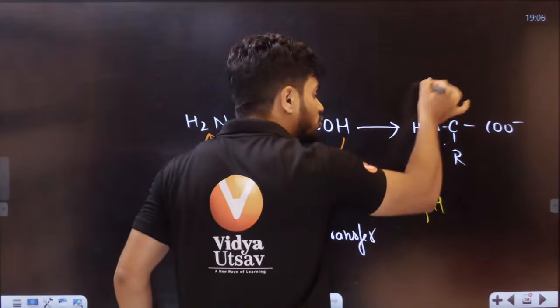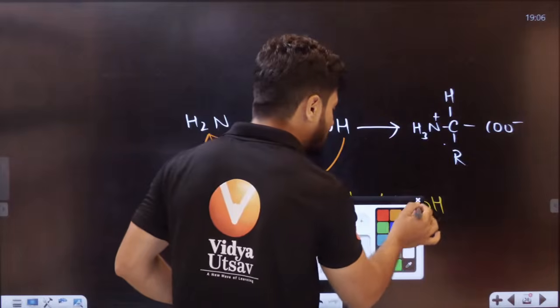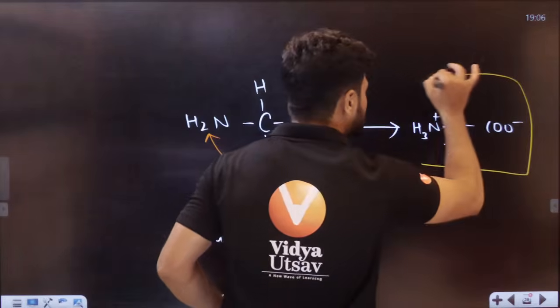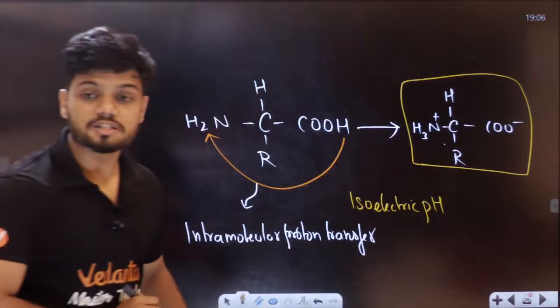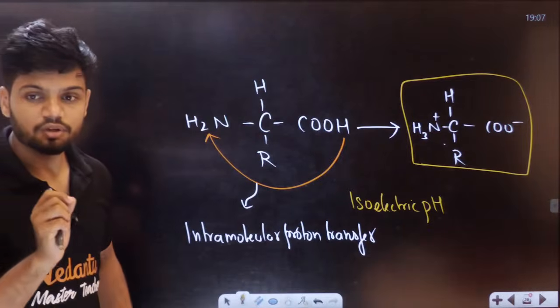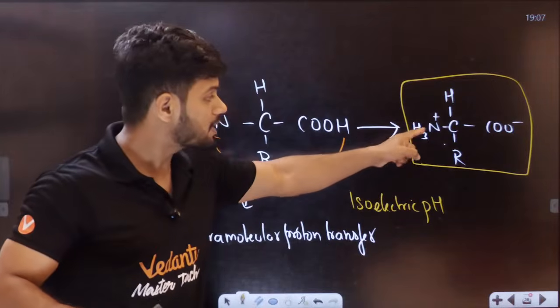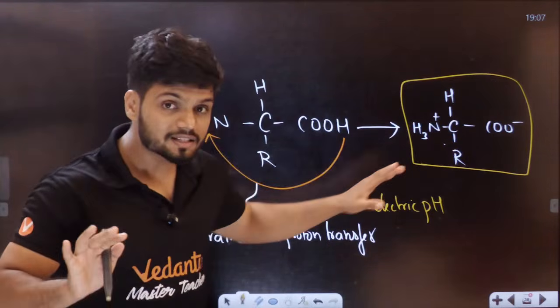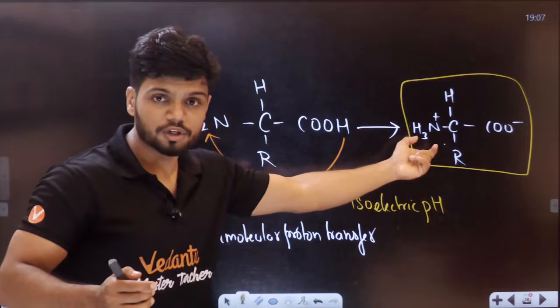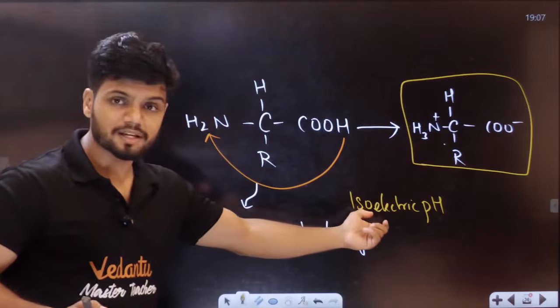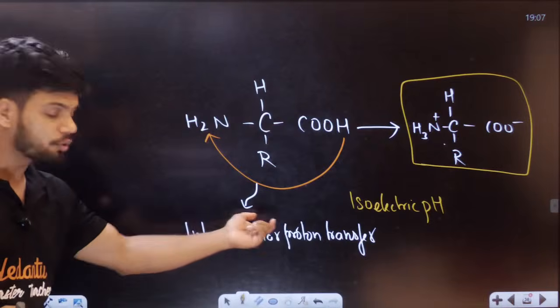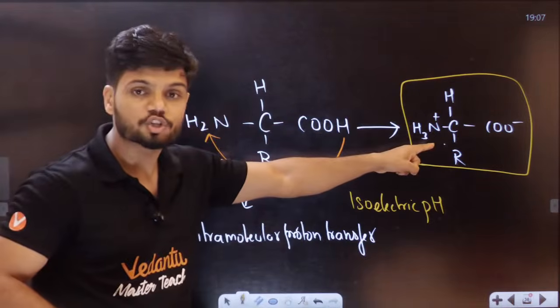So this right now, students, has a partial positive charge, and this has a partial negative charge. At the same time, this molecule at isoelectric pH, because of intramolecular proton transfer, is called what?